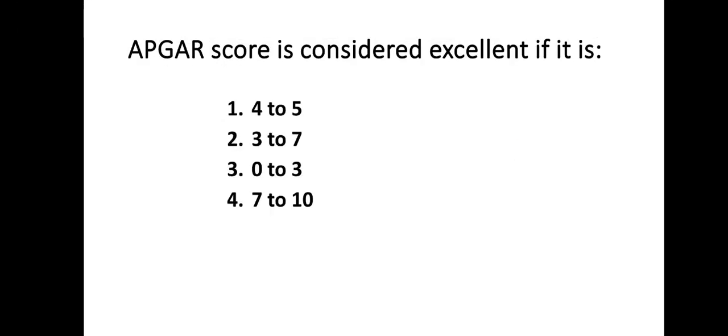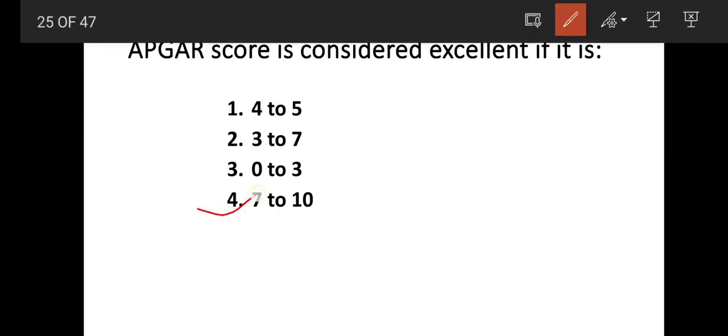Next question. Apgar score is considered excellent if it is: option one, 4 to 5; second option, 3 to 7; third, 0 to 3; and fourth, 7 to 10. Everyone knows this. Apgar score is considered excellent if it is 7 to 10.